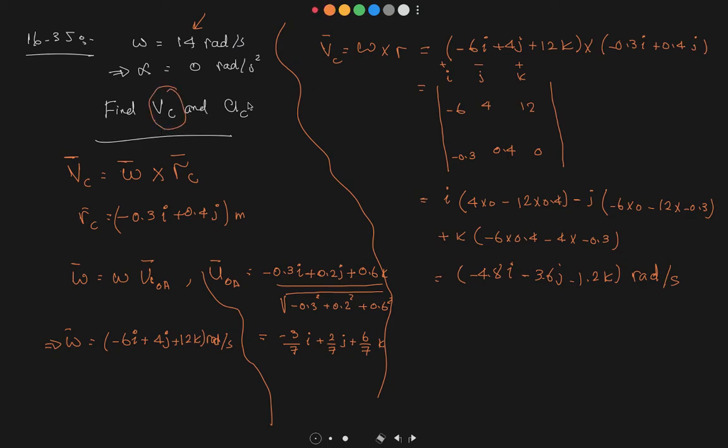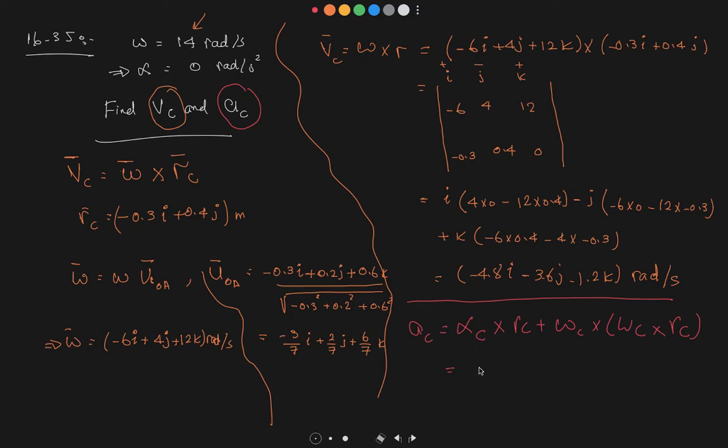Now AC is also actually the same thing. We have another equation that says we know that the acceleration of C is equal to alpha C cross RC plus omega C cross omega C cross RC, again we are working with C, right? So you just do the same thing. You just do this cross or this determinant calculation twice instead of once.